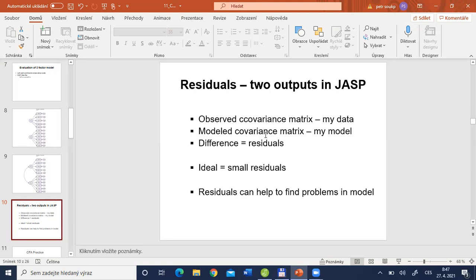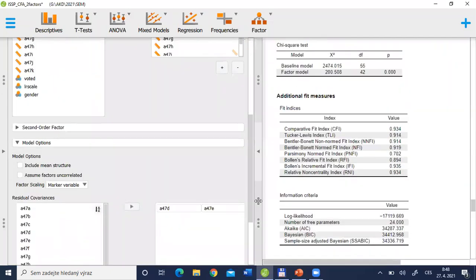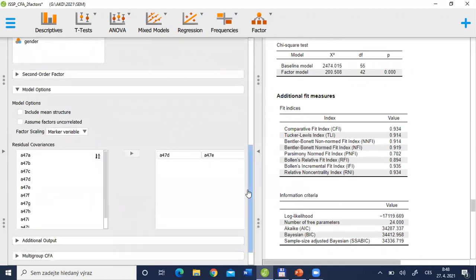And I can use JASP or, of course, other software packages to find the values for these residuals and to identify possible problems for my model. So there are two options in JASP where we can find these residuals.